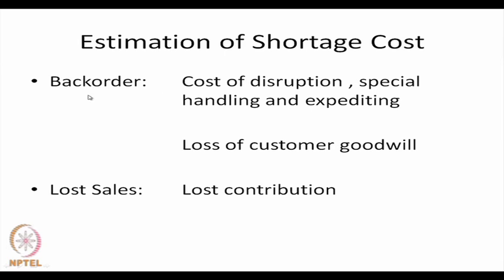In any case, for both situations, there are costs involved: the back order cost in the first case, and the lost sales cost. The back order cost is a cost of disruption. You have to specially handle this request or this back order and go for expediting it. There is a loss of customer goodwill. In the lost sales case, there is a total loss because the contribution or the revenue is completely lost.